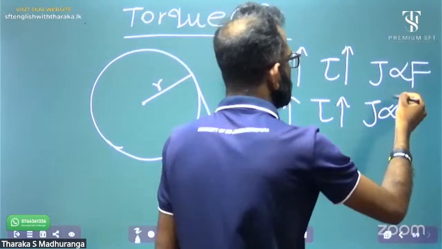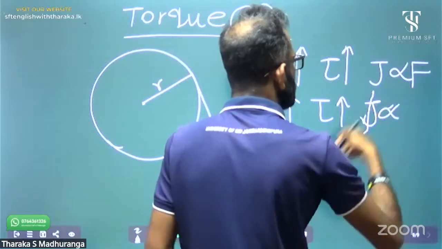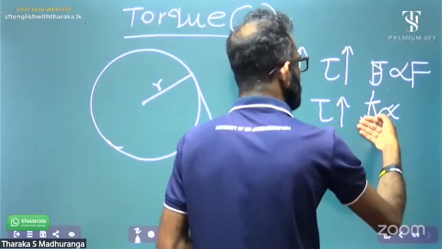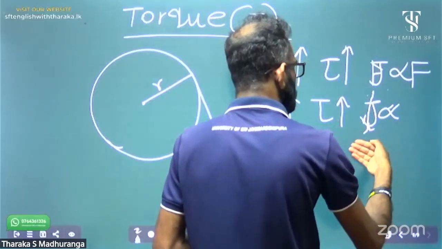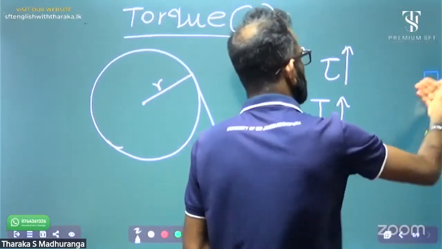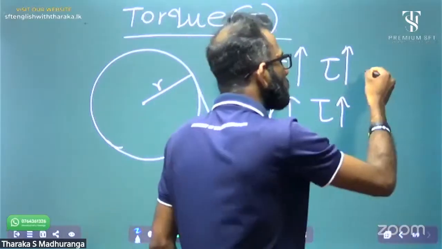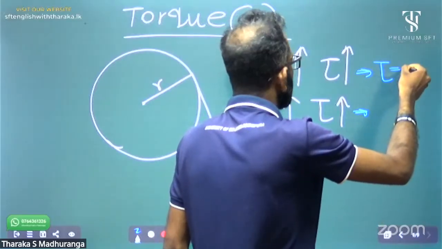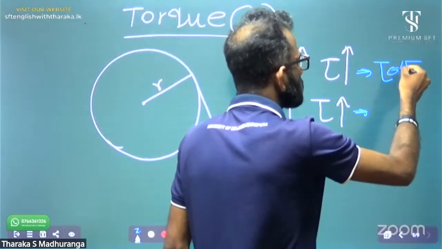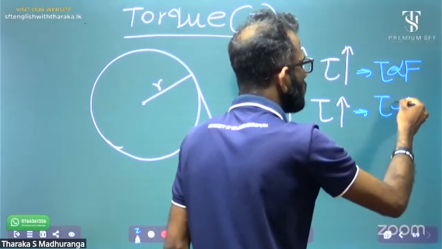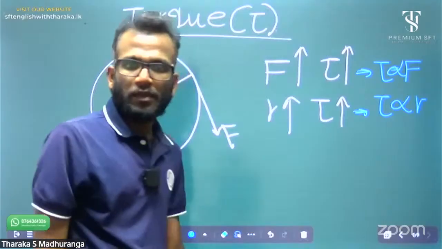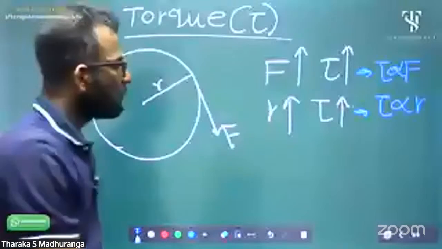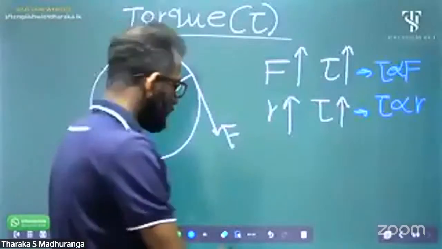Now torque is directly proportional to both factors, radius and perpendicular force. According to those two factors, we can get an equation for torque.